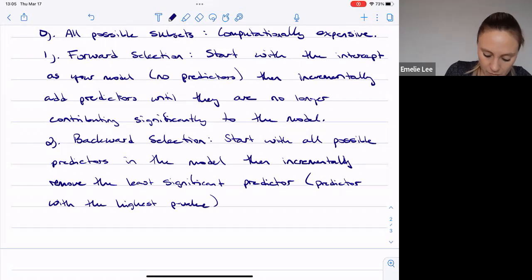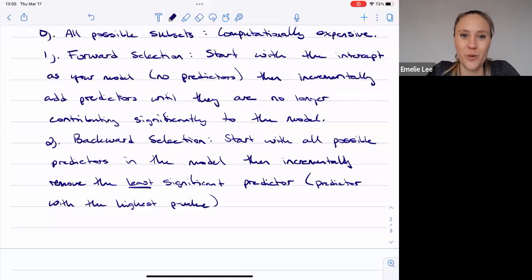You're removing the least significant predictor. Of course, you want to pluck it out because it's not contributing. Technically, you should move it to the end of the list, but of course, R does that in the background. So it's not something that you're going to do by hand, so you don't have to keep track of that, but there are kind of technicalities in there.